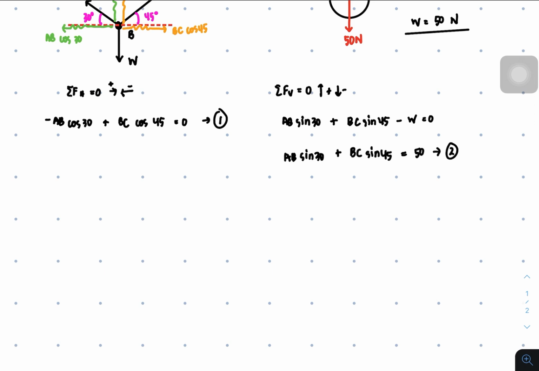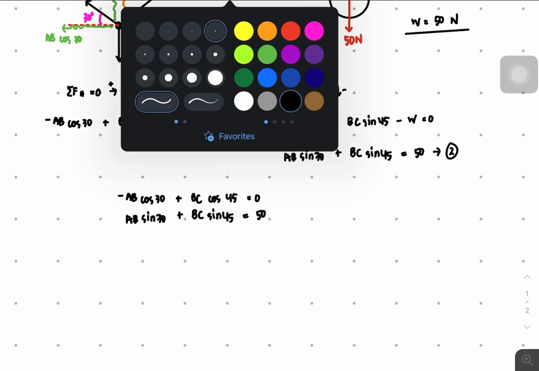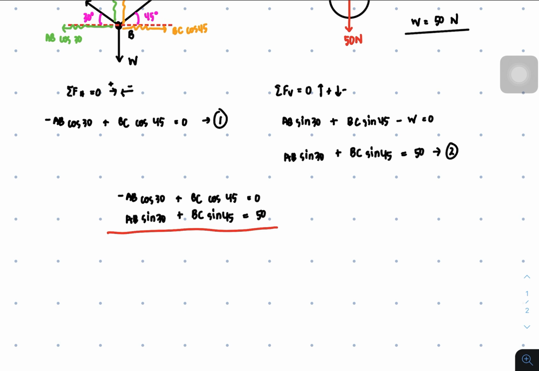So using the same equations, we will have two equations with two unknowns, using the concept of elimination and substitution. Then let's just use our calculator, because at the end we will be getting AB and BC values.